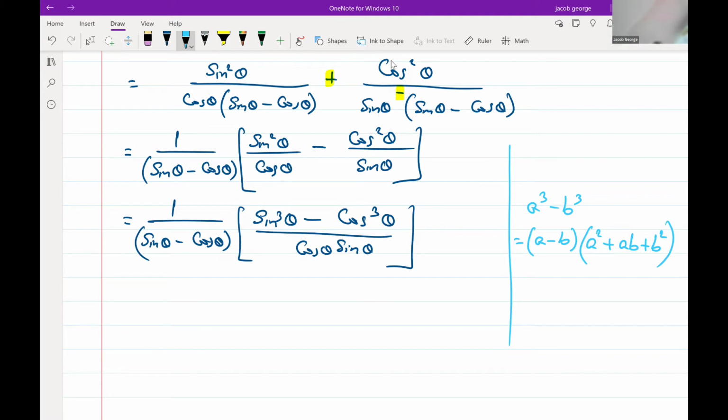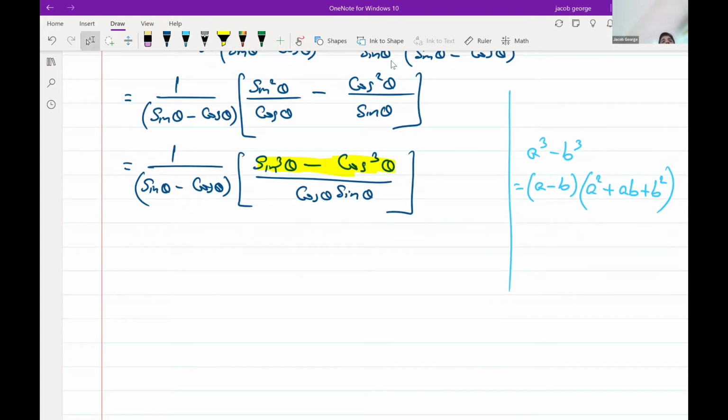In class 9, we have studied this in chapter number 2, right? We will apply this identity to the numerator. You can see this is the numerator.